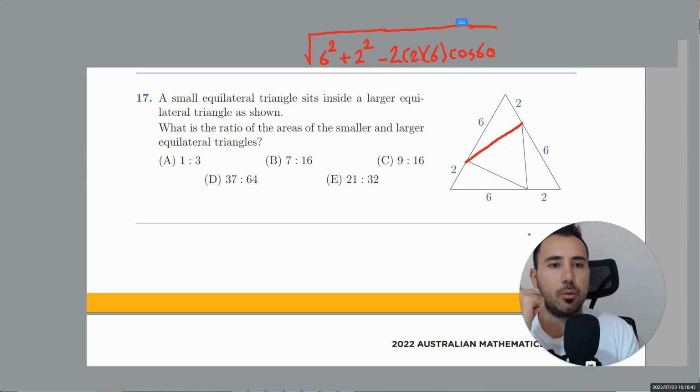So we could also find the area. It's very easy. You could also find the area of this. If you find the area, then the question is easy to do.